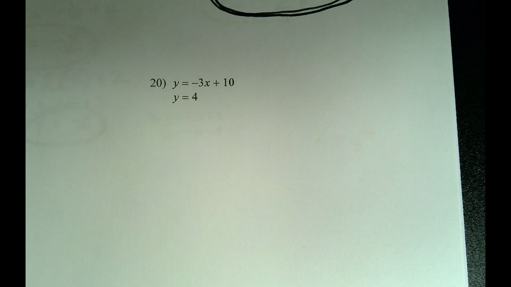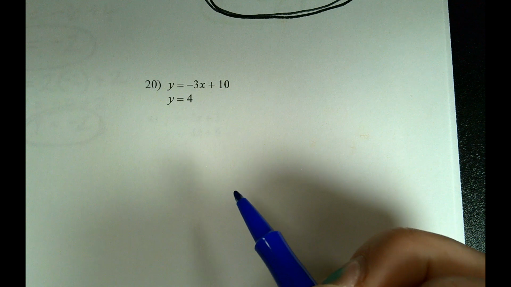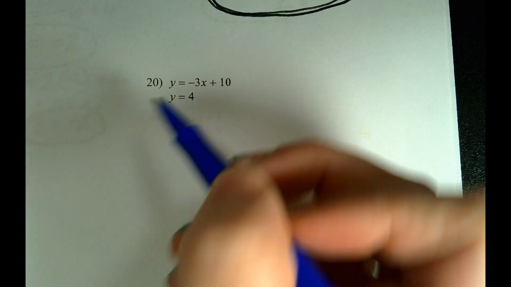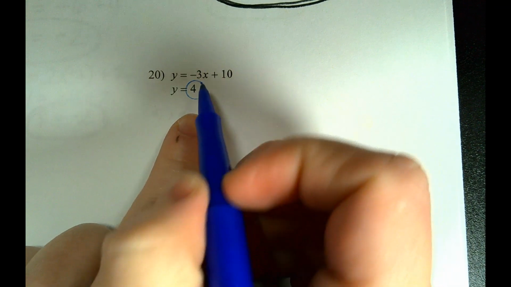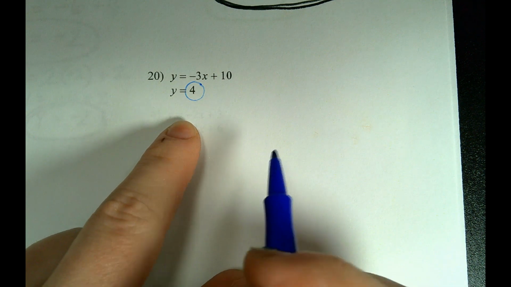So number 20, I have y equals negative 3x plus 10 and y equals 4. We've already got our y value. y is 4. Perfect. What can I do now to solve for x? How can I set this up?